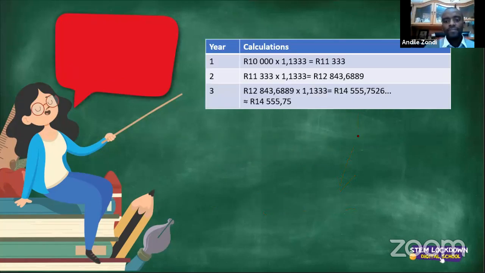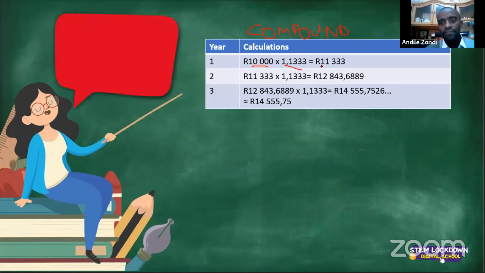Let me move on. So for the first year, this is compound interest. Let me just finish for the first year, if she invested at Africa Bank, her principal amount is 10,000 times the interest rate written as a percentage.